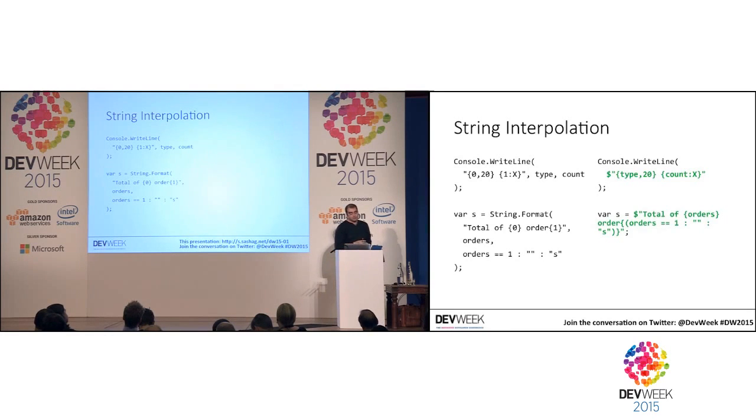So why not C#? The code on the left is just your standard string formatting stuff. So Console.WriteLine does a string format for you. String.Format explicitly takes a format string and additional arguments for replacing in that string. C#6 has this as built-in syntax.